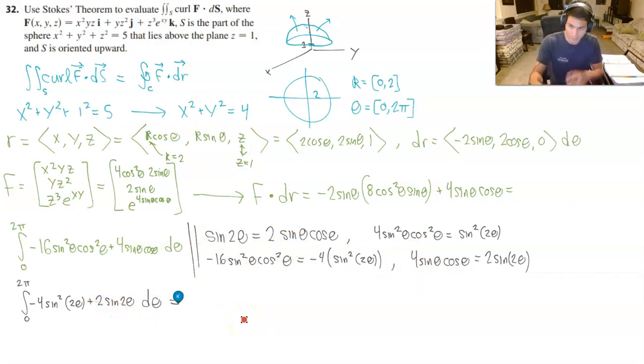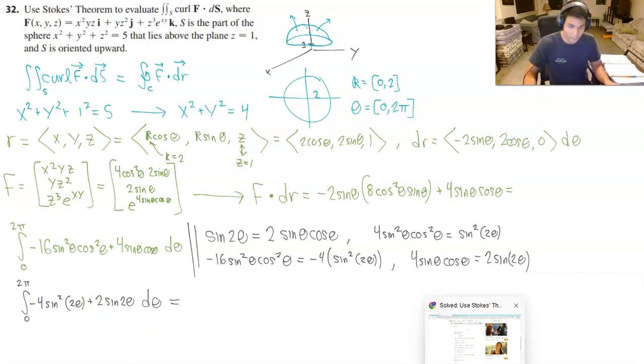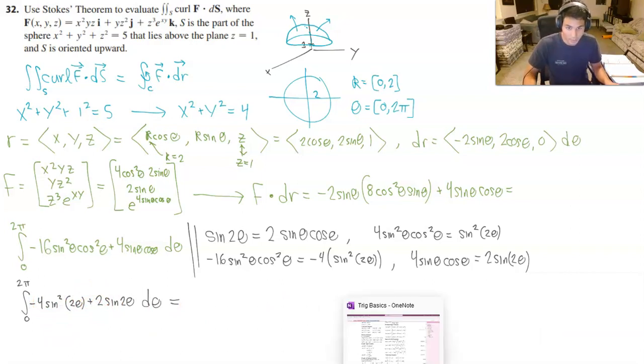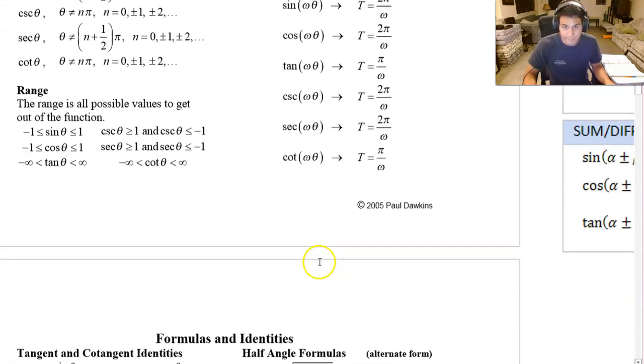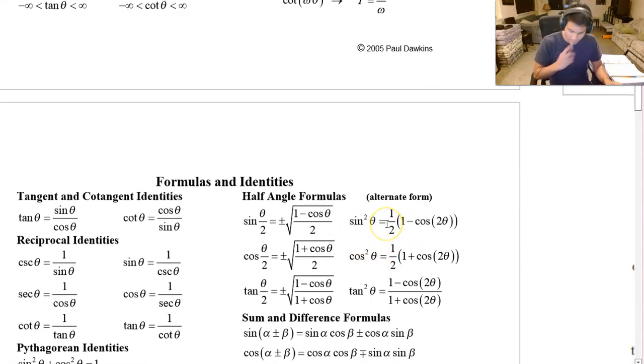So I'm going to break this up into two integrals here. Now, real quick, we do have a sine squared here. What does this mean? It means we're not completely done. Sine squared theta, right here.